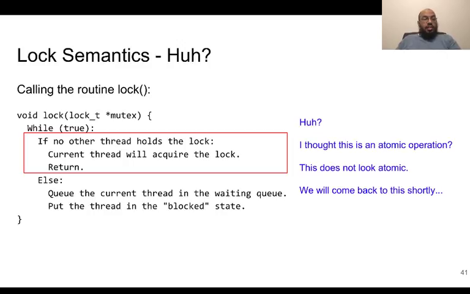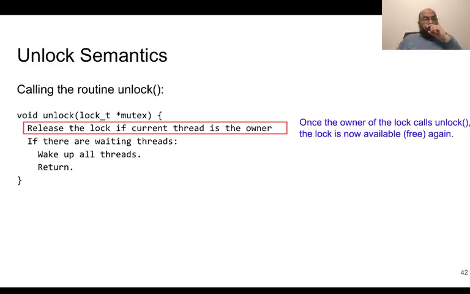Or you can get evicted from the processor while performing things in the while loop. Okay, so this doesn't look atomic. We will actually talk about how the hardware provides you with ways to make these atomic.